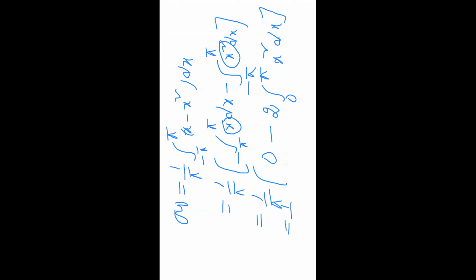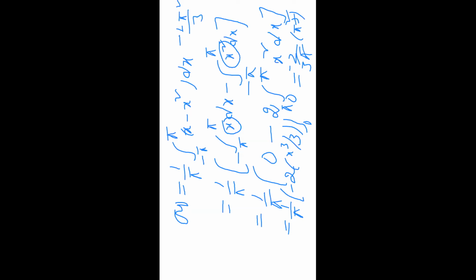And 1 by pi, minus 2 into integral of x square, x cube by 3 in the limits 0 to pi. So minus 2 by 3 pi into replacing upper limit pi cube. Pi cancels in pi cube, leaving pi square, times minus 2 pi square by 3.